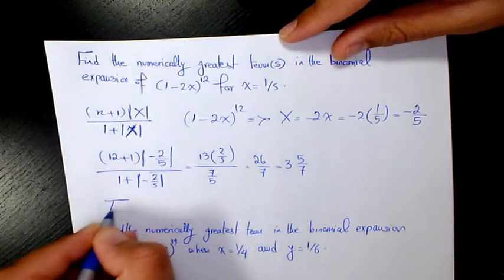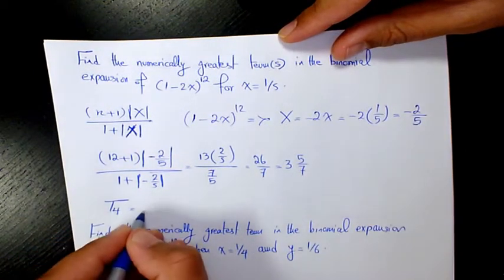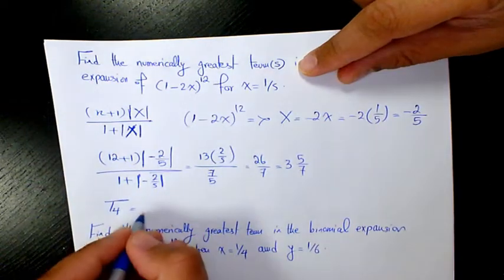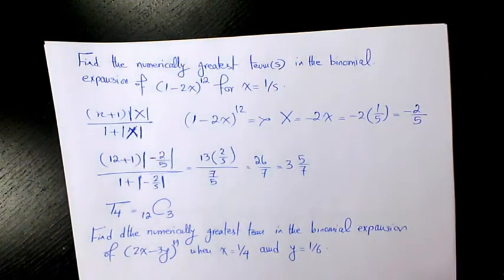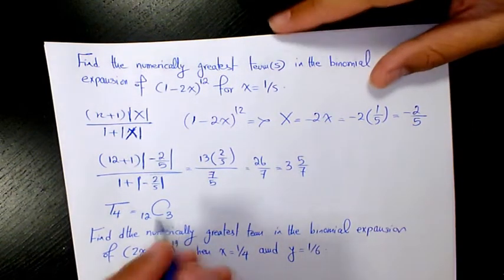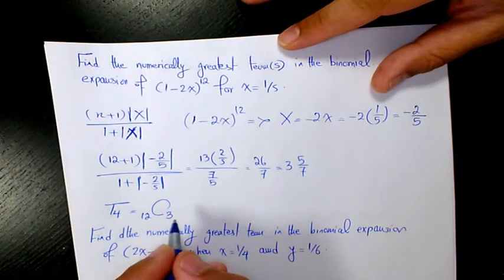So T4 equals, index is 12, so 12C3, as we had before. We know already how to do it; we had it in many videos before.